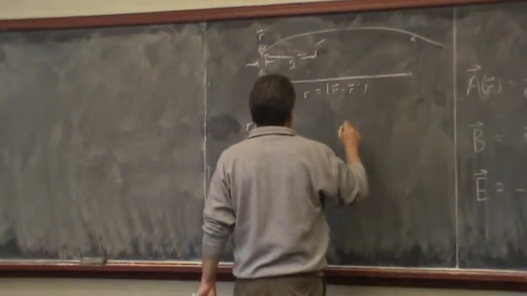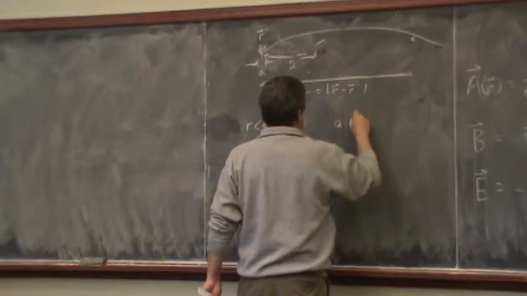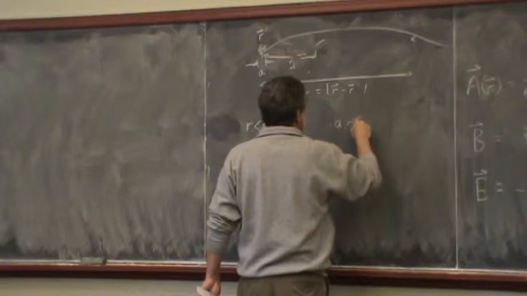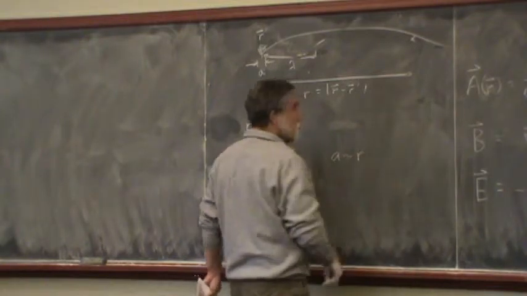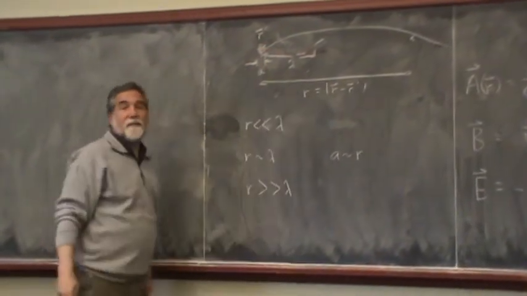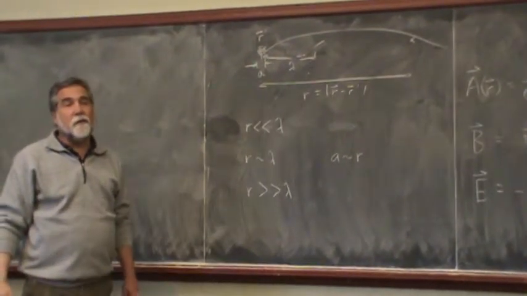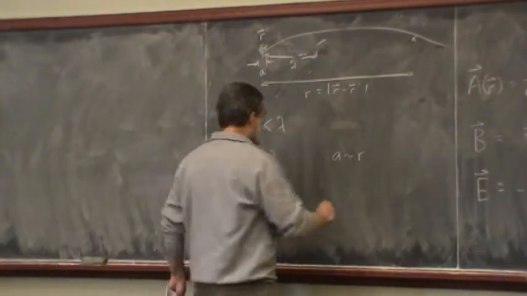But let's just say that A can be of order R, it can't be smaller, so A of order R would mean that I just put my observation point inside the distribution, or just on the outside of the distribution.